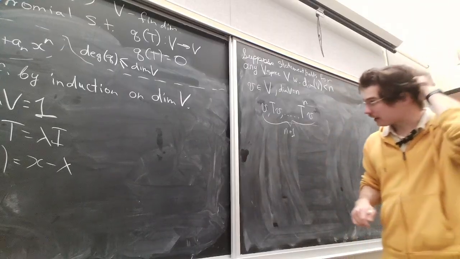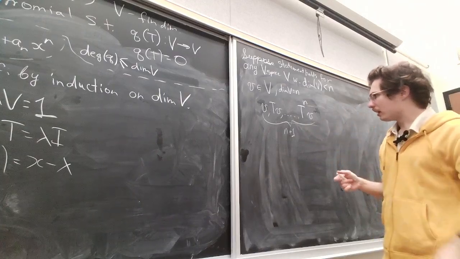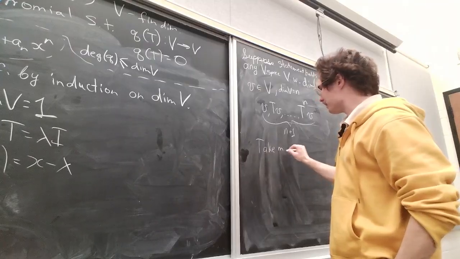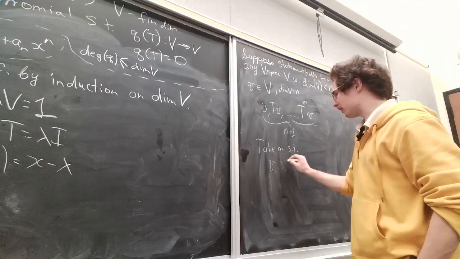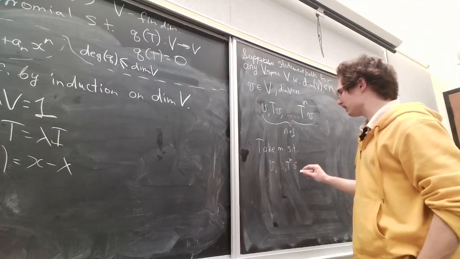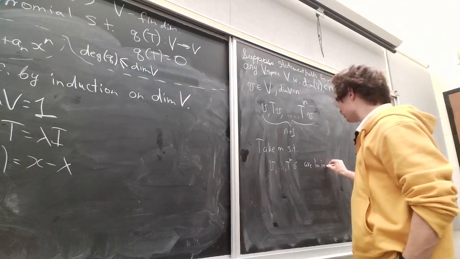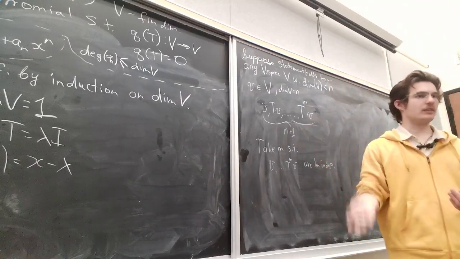So what we should do is take m such that v up to T^m v are linearly independent. Okay, so take the first vectors in the list such that the thing is linearly independent.